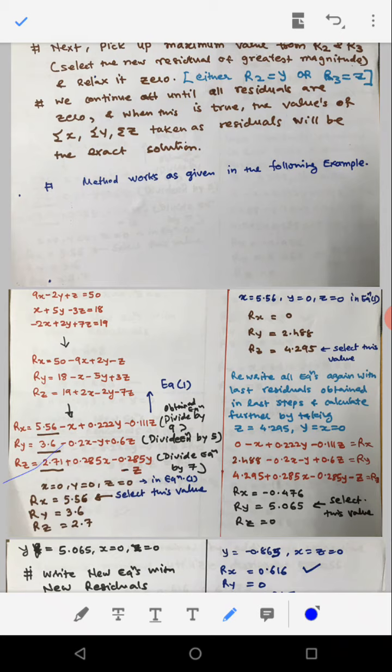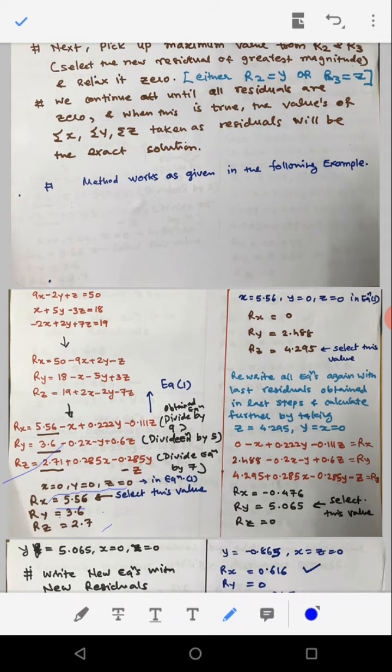So out of this residual, when you are substituting x equal to 0, y equal to 0, and z equal to 0, you are getting Rx as 5.56, Ry is equal to 3.6, Rz is equal to 2.7. Now pick up which is the maximum value, 5.56.